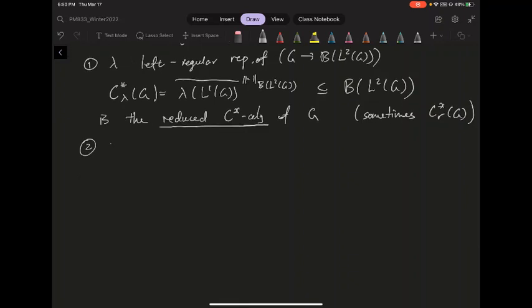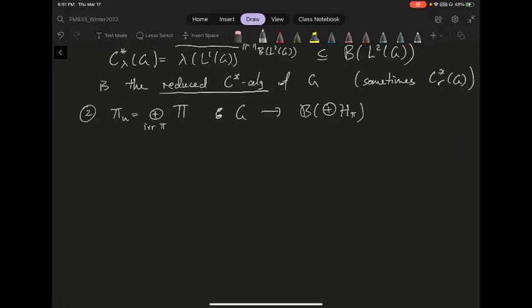You let pi u be the direct sum of all the irreducible representations pi of your group G. It maps from G into the direct sum of all these B of H pi, or you can think of it as a linear operator on some really big Hilbert space. This is kind of bigger than all the other irreducible representations, so it has a certain universal property.